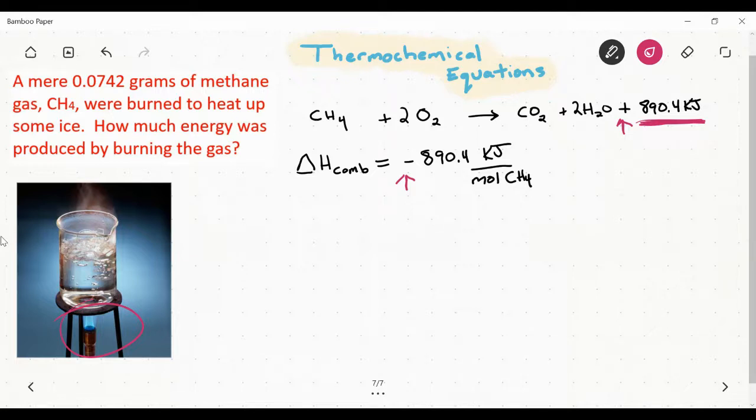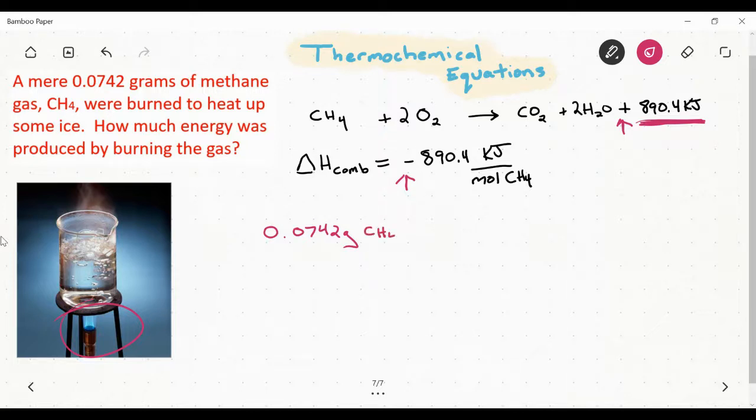So in the particular problem that we have here, it says 0.0742 grams of methane were burned to heat up some ice. How much energy was produced by burning the gas? So I know how much gas I have, 0.0742, and that's grams of CH4.